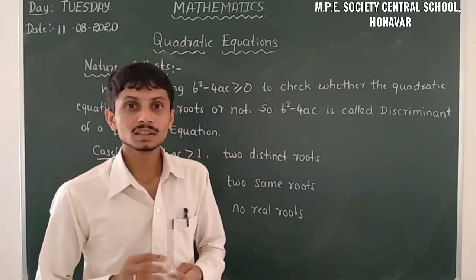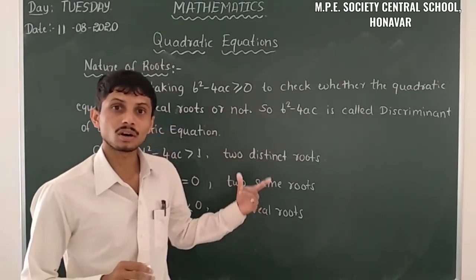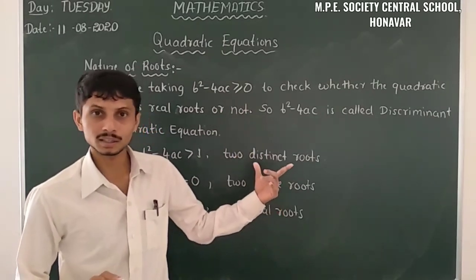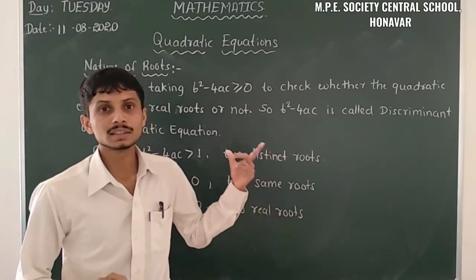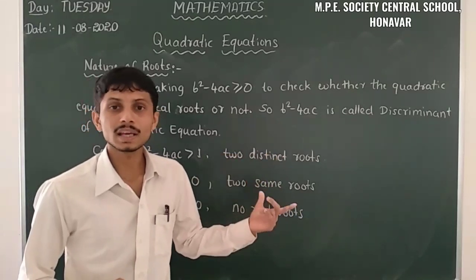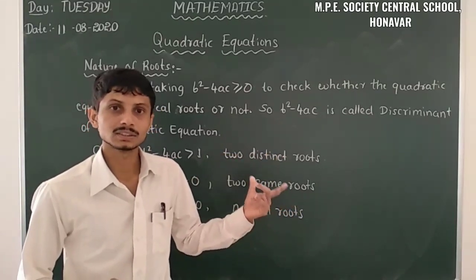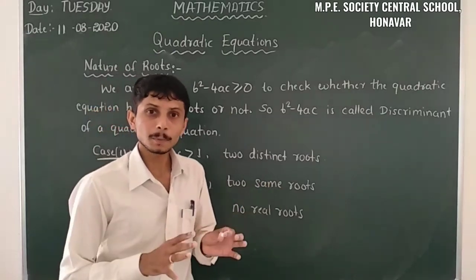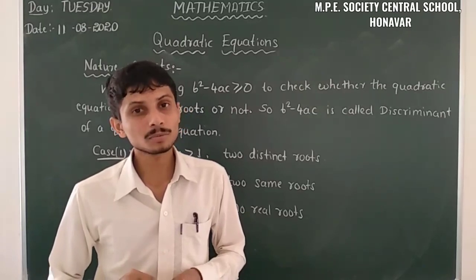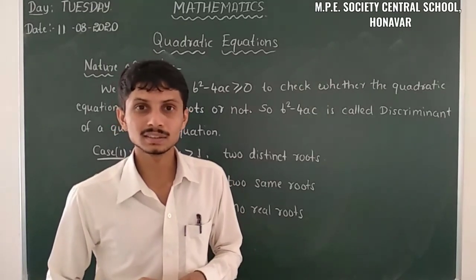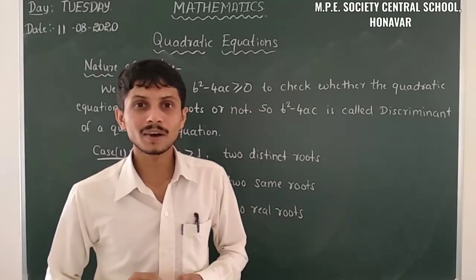That's why the discriminant of the quadratic equation is a helpful formula. So this is about the quadratic formula. Let us discuss some problems in the next classes. I conclude this part here.